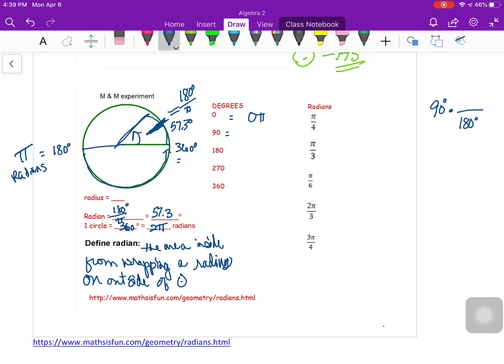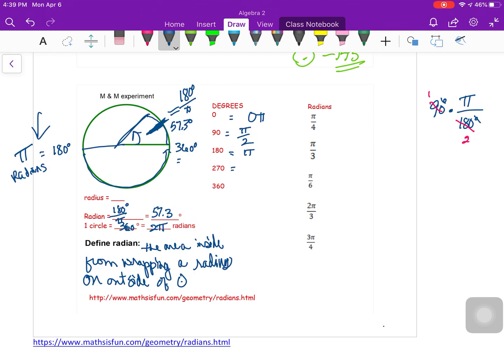Since this is degrees, I want my degrees on the bottom and pi on the top. So my degrees will cancel. 90 and 180 reduce to 1 and 2. So that is equivalent to pi over 2. 180 degrees was equal to pi radians.